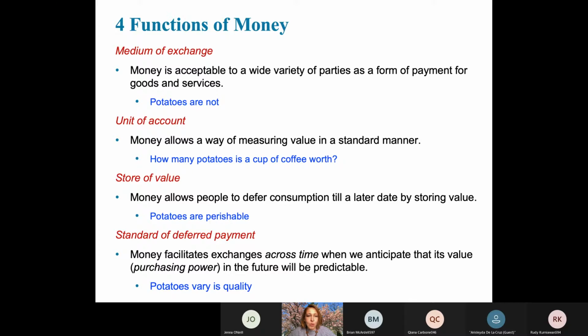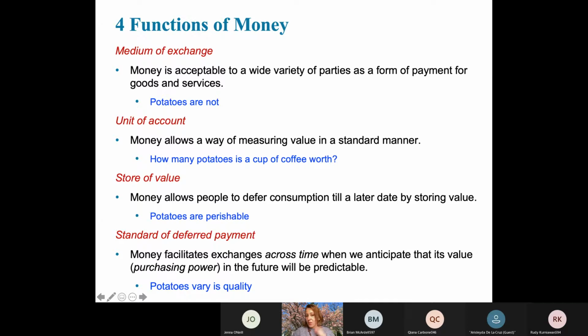Store of value. So money allows people to defer their consumption till a later date, and potatoes would not be able to do it as easily, right? Because they are perishable good. A standard of deferred payment is somewhat similar. So money facilitates exchanges across time when we anticipate that its value will be predictable in the future.